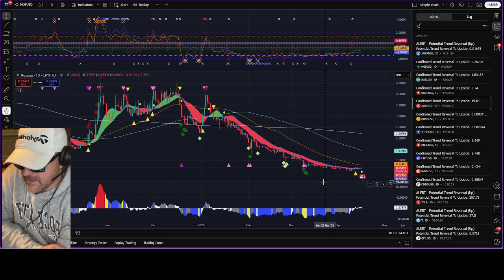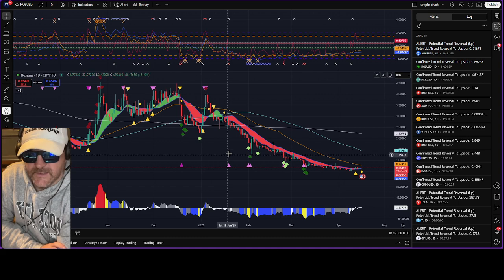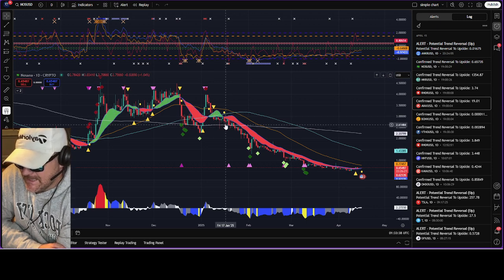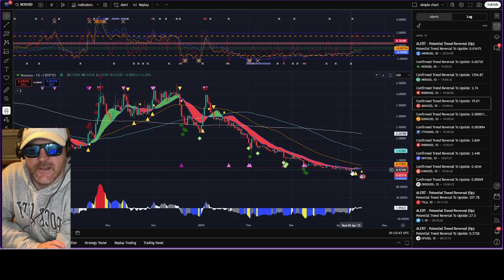So you can see here, this is a really beautiful chart for Avalanche, from two ways at least from my indicator perspective. You can see we got a confirmed downtrend signal on January 16th. And you can see we turned over, hit that downtrend represented by that red cloud, and just haven't come out of that.